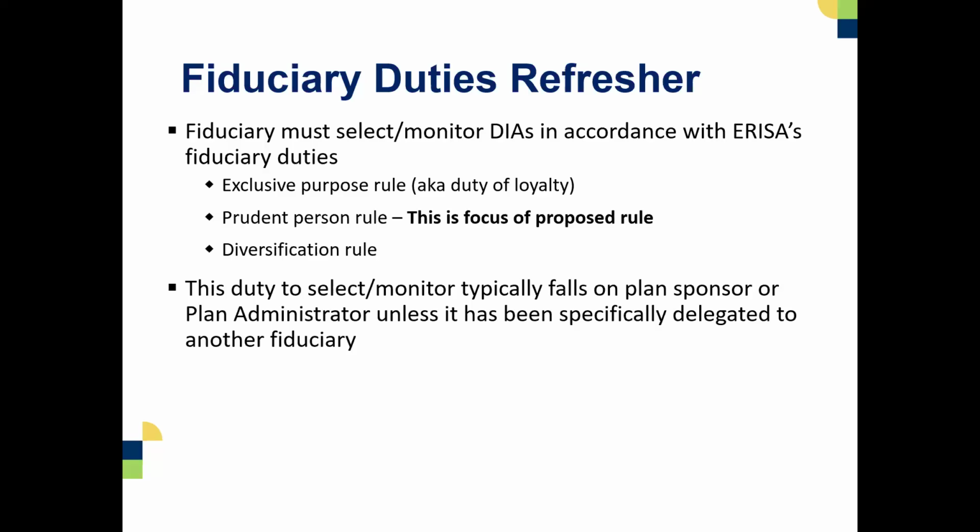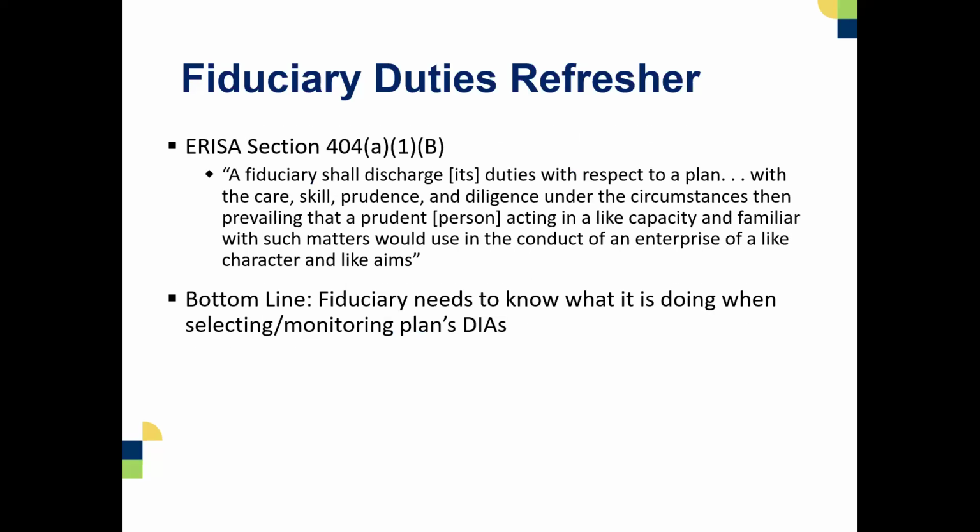We also have a diversification rule that we need to be aware of. And in overly simplified terms, we need to put together an investment menu that allows participants to diversify their 401k accounts over a range of available investment options. The prudent person rule, however, this proposed rule really only deals with the prudent person rule.